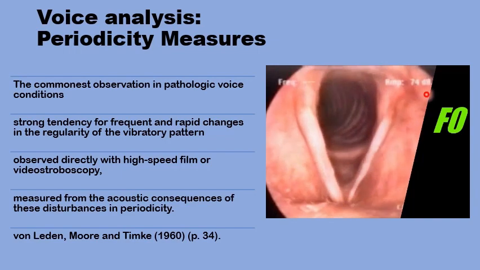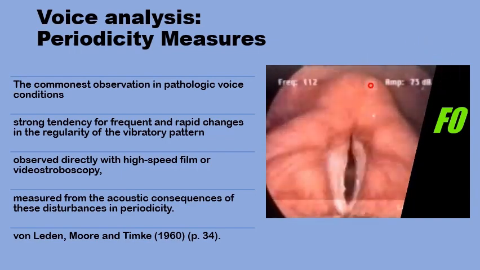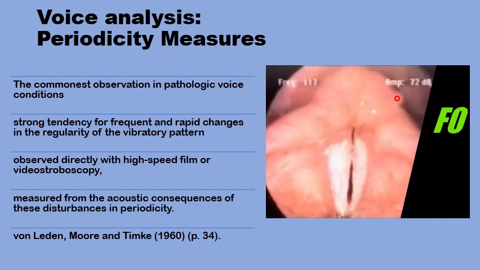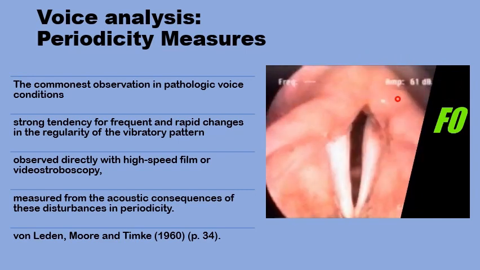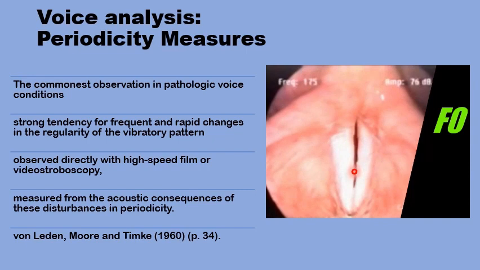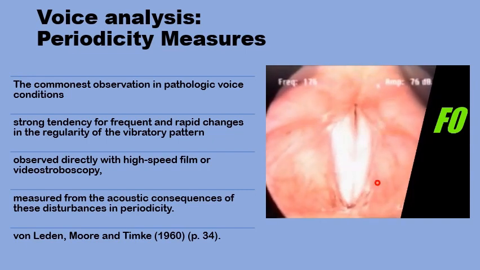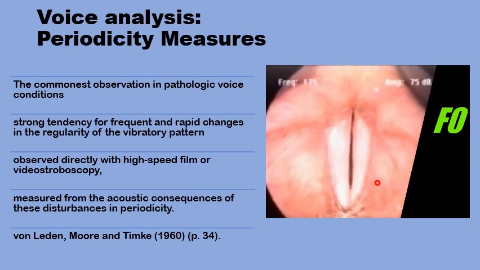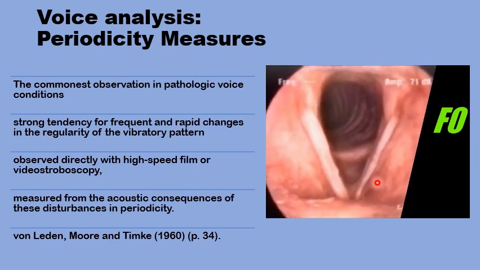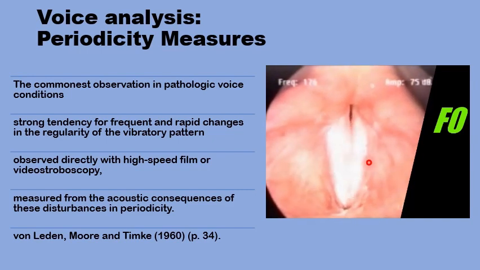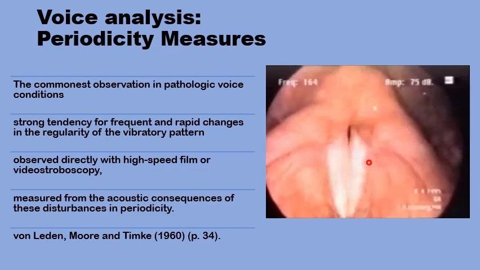The changes in the amplitude of consecutive or adjacent vibratory cycles are called the shimmer, and these can be observed directly using video stroboscopy, as in here, or high-speed video films. They can also be measured. The acoustic consequences of these irregularities can be recorded and analyzed.